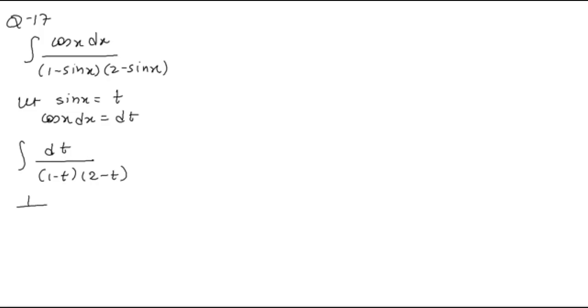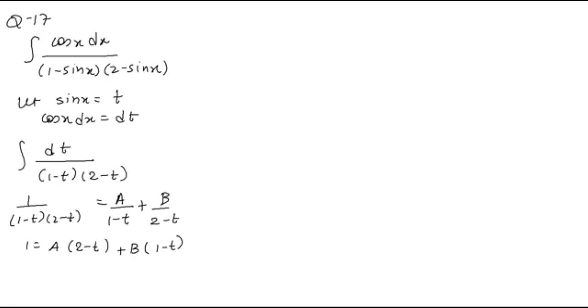So I can write 1 upon 1 minus t into 2 minus t as a upon 1 minus t plus b upon 2 minus t. So 1 is equal to a into 2 minus t plus b into 1 minus t. If I take t as 1, then I will have a as 2 minus 1, which is 1.